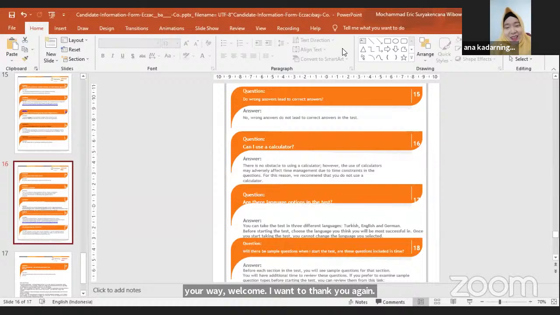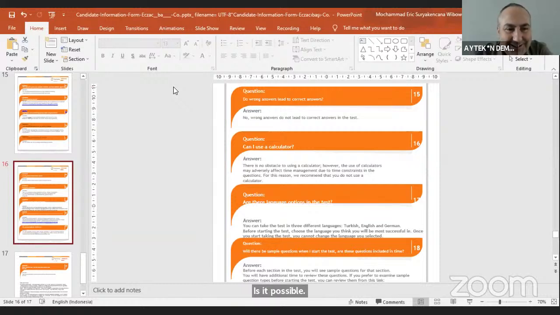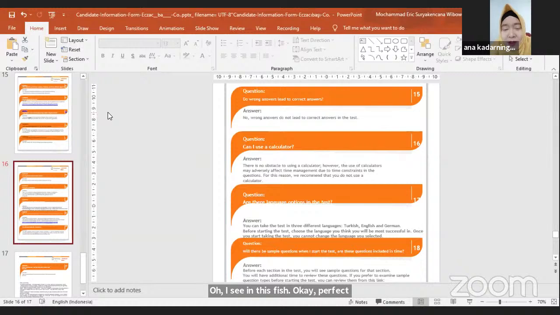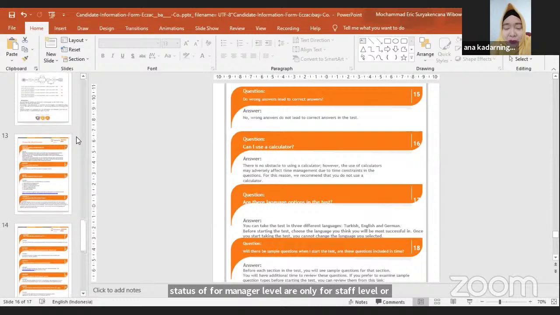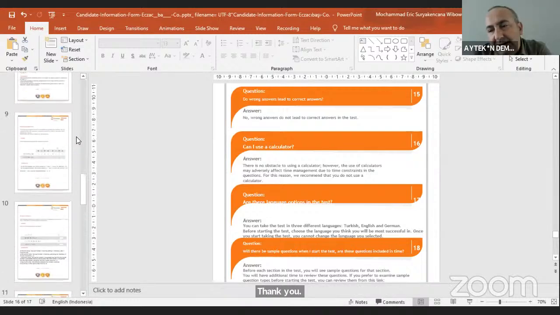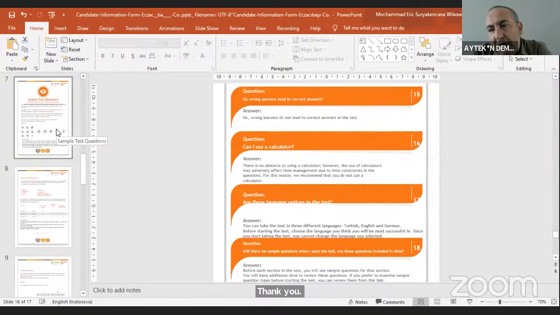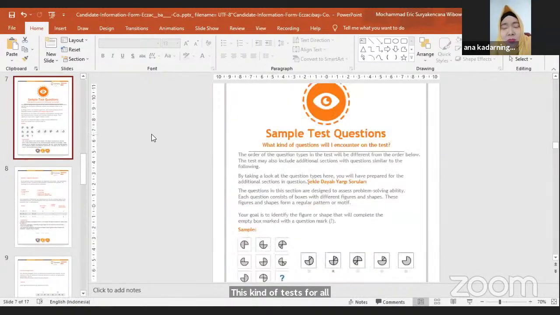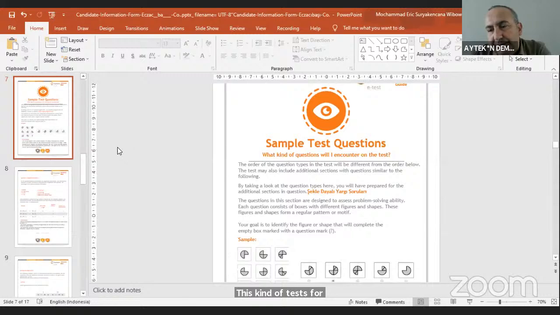Professor, can I ask? I'm a lecturer, not a student. Is it possible? Sure, sure. I see this test, but I want to know if it is for manager level or only for staff level, or must all do this test at first? This kind of test is for all, before their selection.